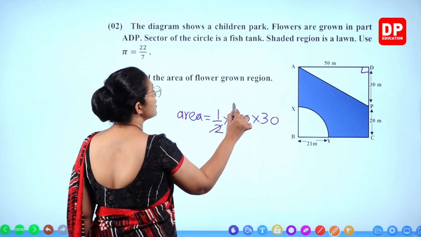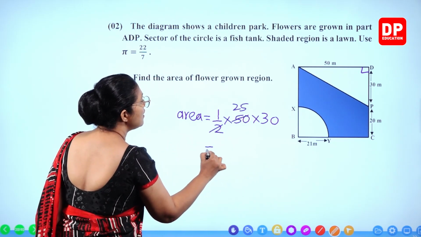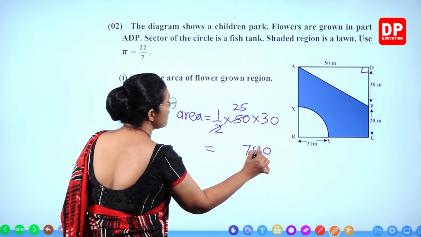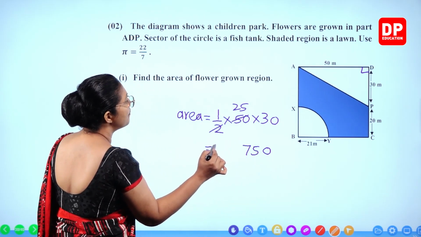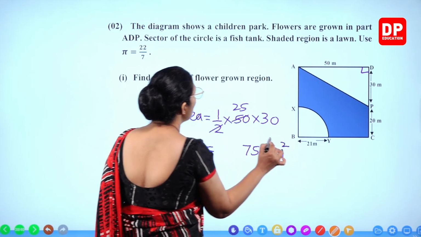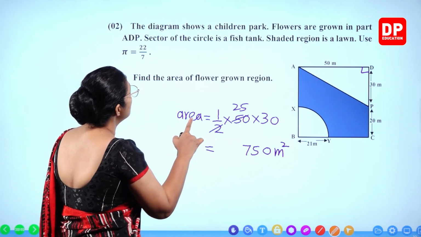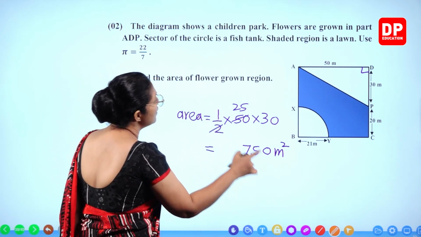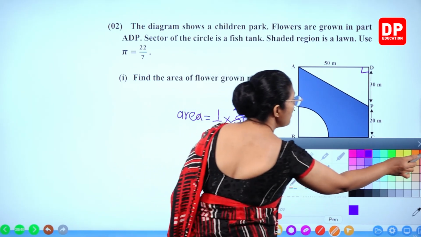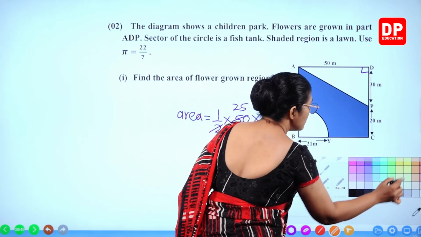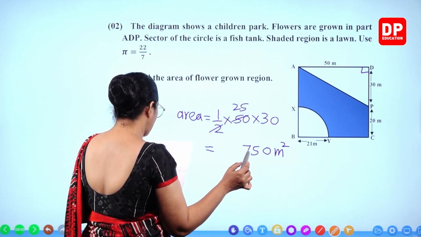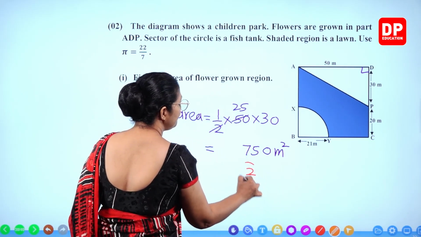So you get 25 here. 3 times 25 is 75. 750 square meters is the area of the part that flower grows. So you get how many marks for that part? 2 marks.